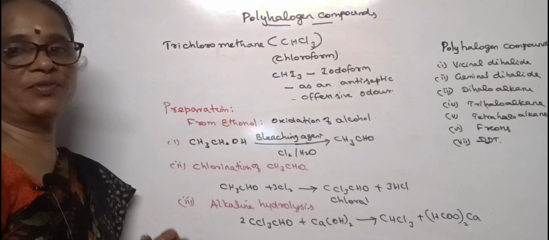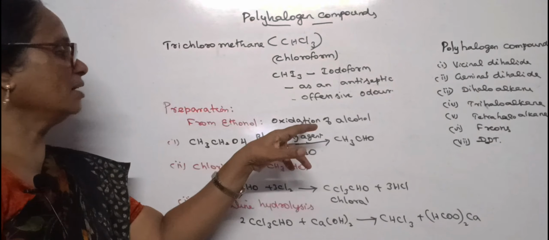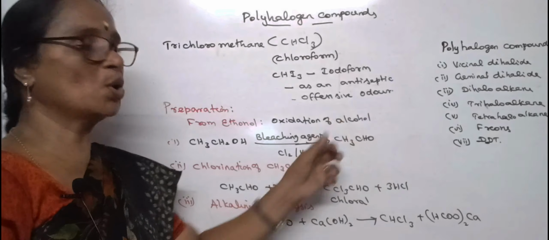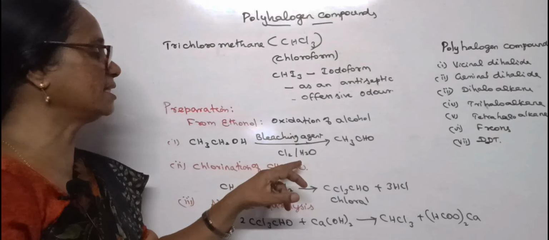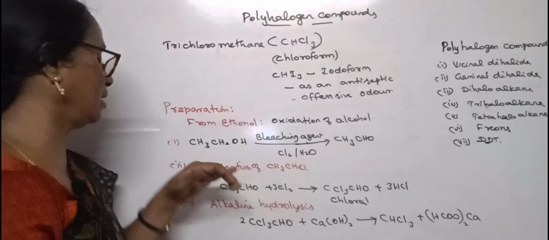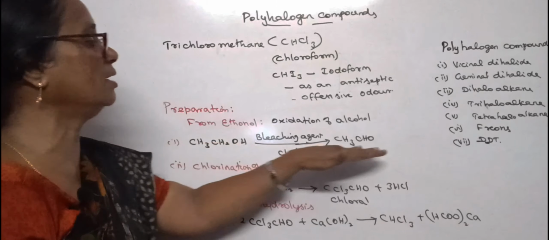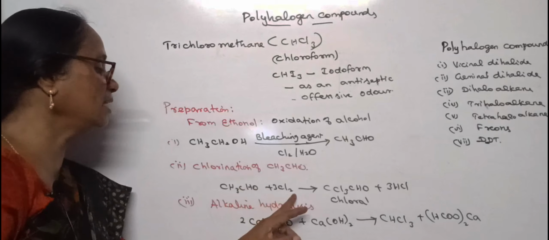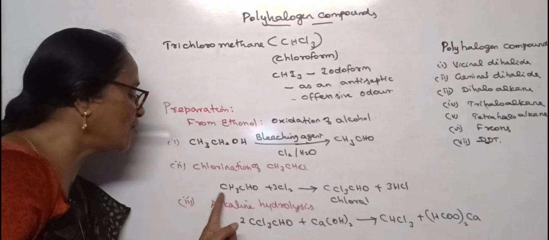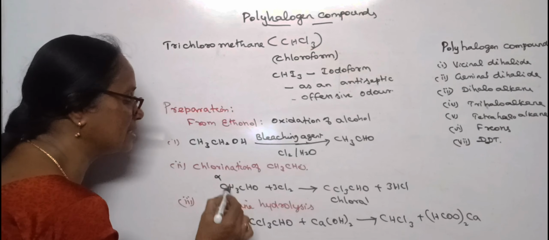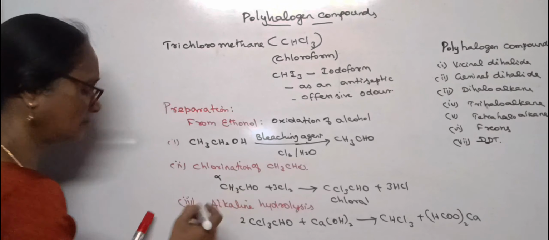That can be prepared from alcohol. When ethanol is oxidized to aldehyde, a mild oxidizing agent like bleaching powder or chromic oxide can be taken. It converts ethanol into acetaldehyde, and when this acetaldehyde is chlorinated, the alpha carbon has 3 hydrogen atoms.